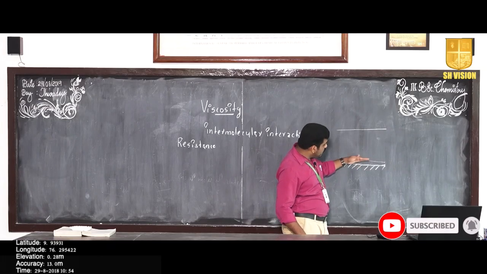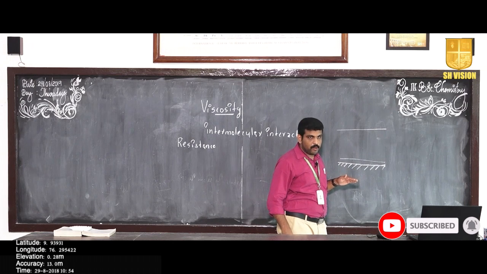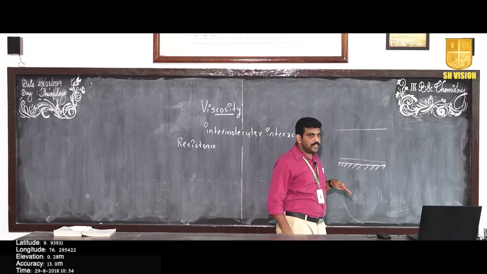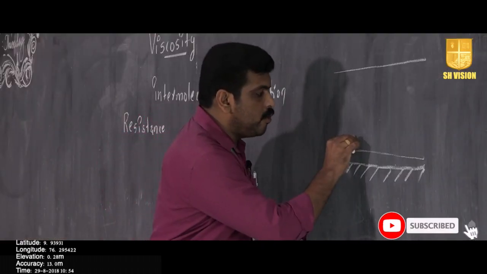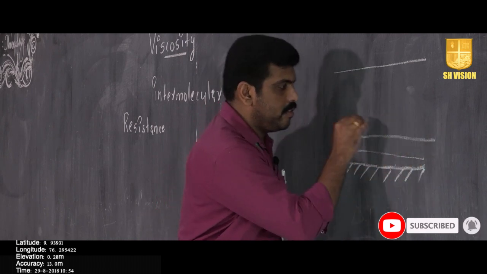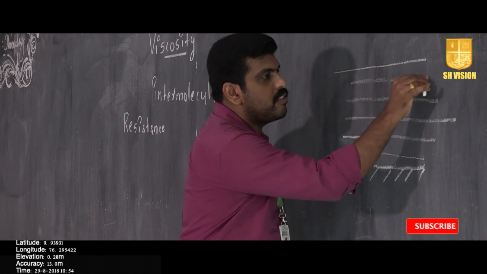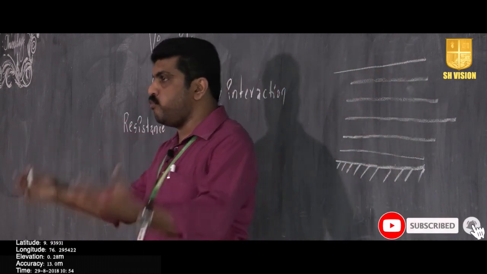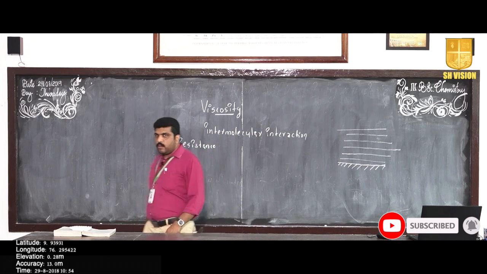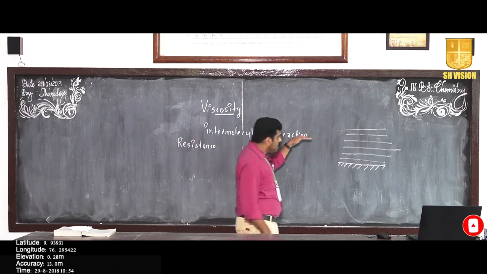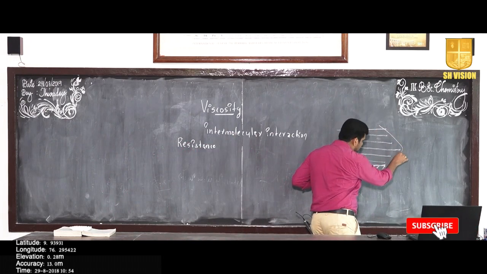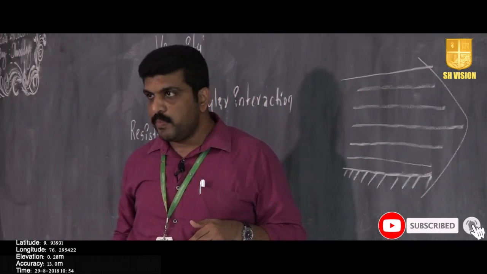Now on moving away from this stationary layer, we can see that the velocity of the layers increases. It goes like this. This is how you represent the laminar flow of liquids.